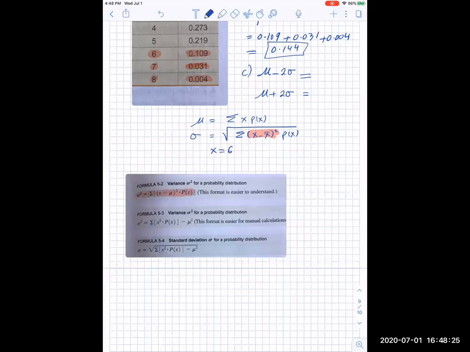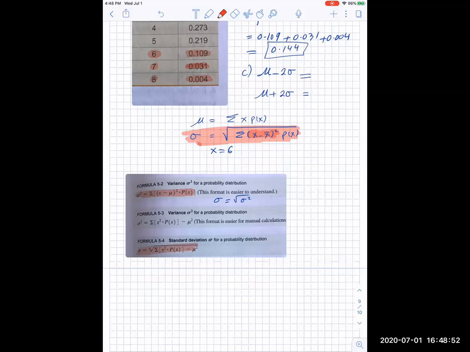If you want to find the standard deviation, you just take the square root of the variance. And that's the formula that I have here. I usually use this one. Now, your formula is also correct, but you are using this one here.